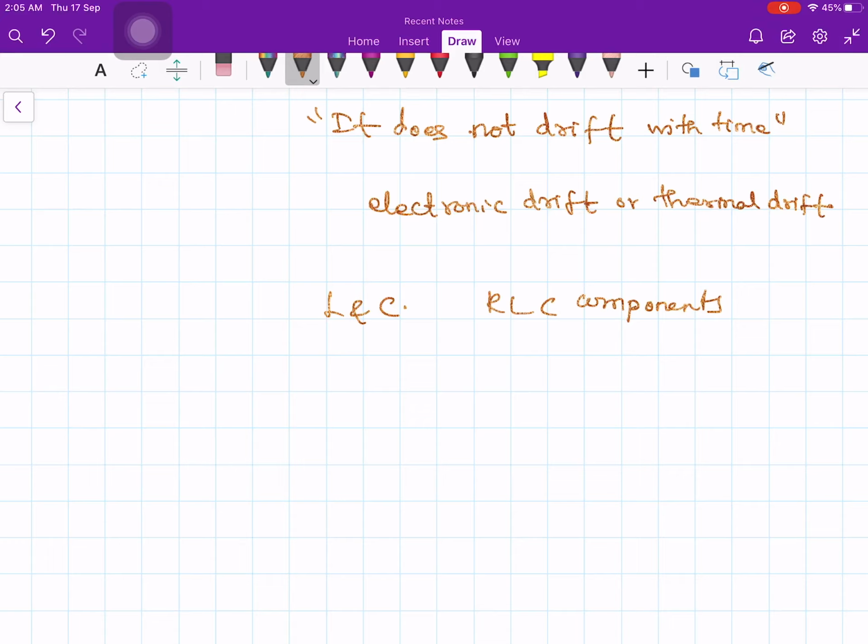Typically, a fixed frequency of oscillation requires highly stable sources.